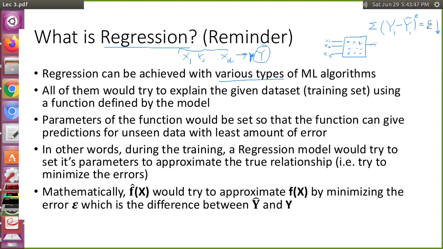So this is for a single data point. We can get the error. We can take the square of the error, right? And then we can add the errors for all the data points, i equals 1 to i equals n, where n is the number of data points, and you can divide the total error by the number of data points so that you can get the mean or the average squares of errors, right?